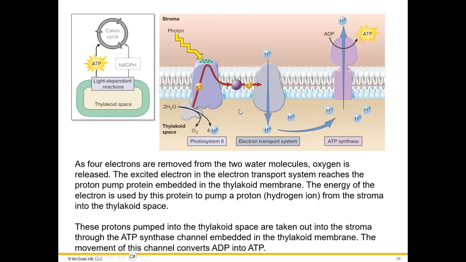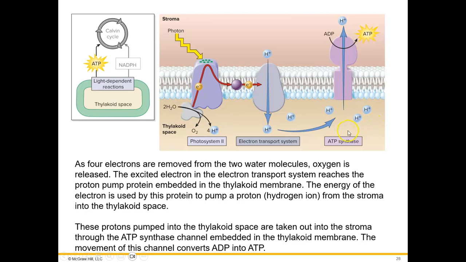And the energy of the electron is used by this protein to pump a proton into the thylakoid space from the stroma. So that's how we're getting all of these hydrogen ions in, through that protein. And it's a pump, it's active because we're going against the gradient. So we're bringing all of these hydrogen ions in until we have a really high concentration of hydrogen ions.